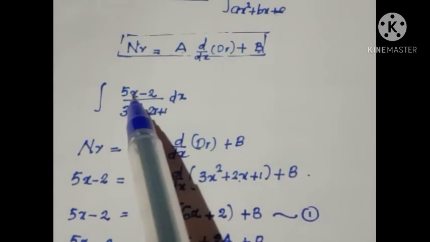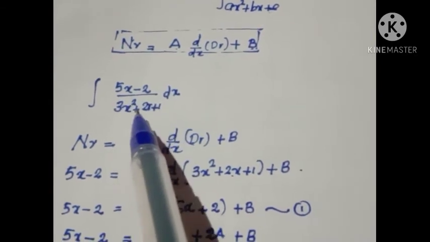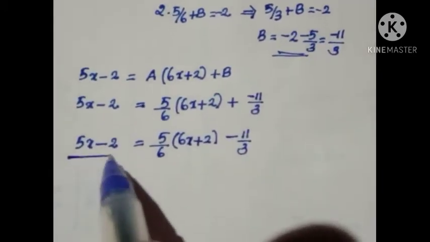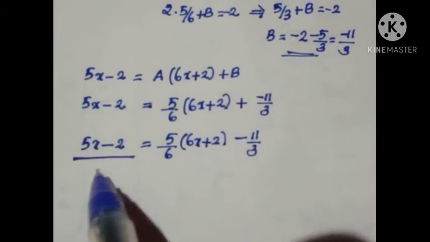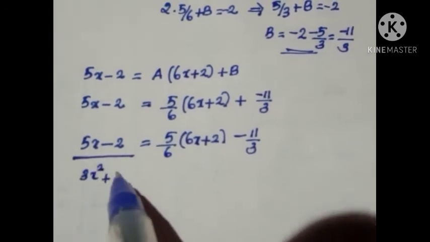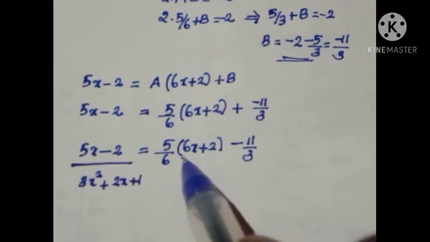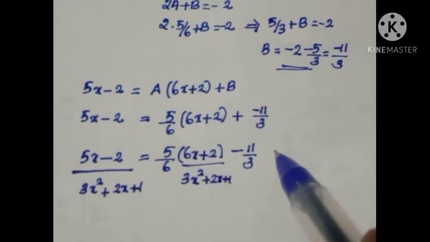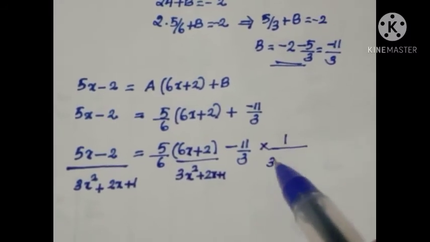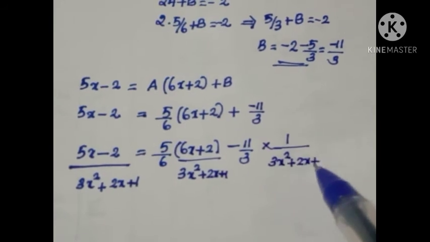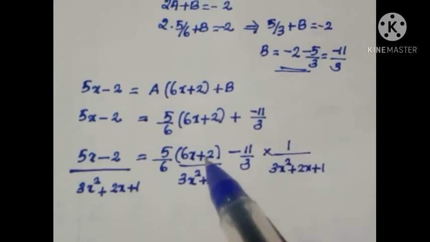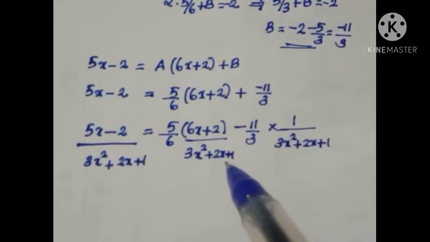Now see our function. Our integrand is (5x − 2) by (3x² + 2x + 1). So the next step is to divide throughout by 3x² + 2x + 1. Here also 3x² + 2x + 1, and here also we divide by 3x² + 2x + 1, because our integrand is this one. So we divide all the terms by 3x² + 2x + 1.